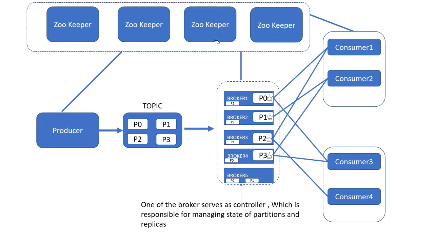It is not done by ZooKeeper, it is done by this controller. ZooKeeper is the one who elects this controller. The controller is responsible for managing the state of the partitions and the replicas. So that's one more topic which I read.